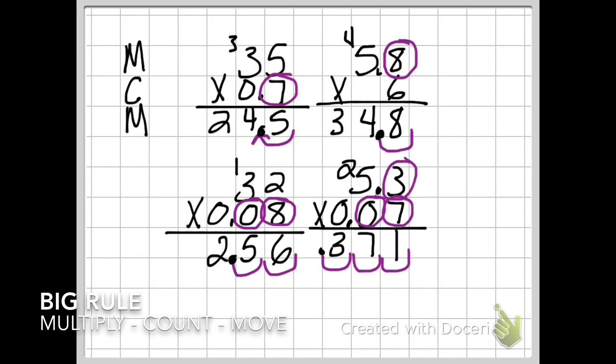So my decimal point will go in front of the 3, and I will put a 0 there, a placeholder 0, to hold my place. Multiply, count, then move. That rule applies every time we multiply decimal numbers. Remember, multiply, count, and move.